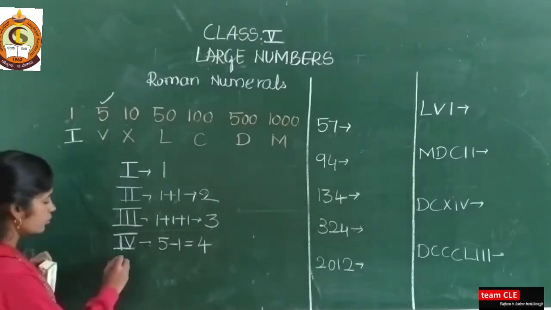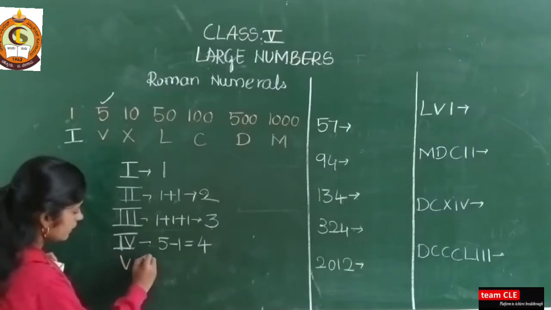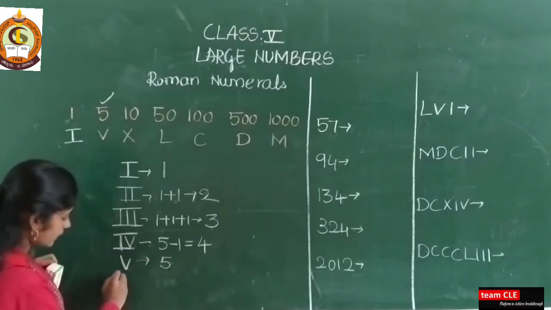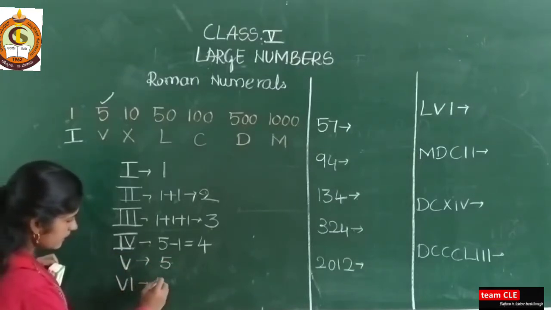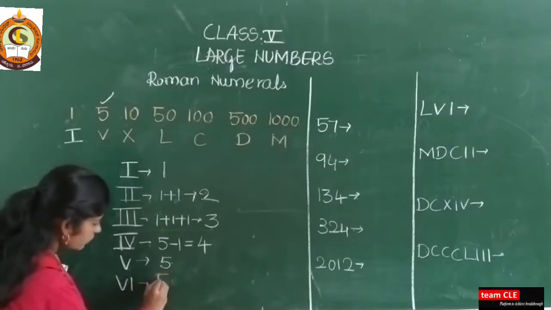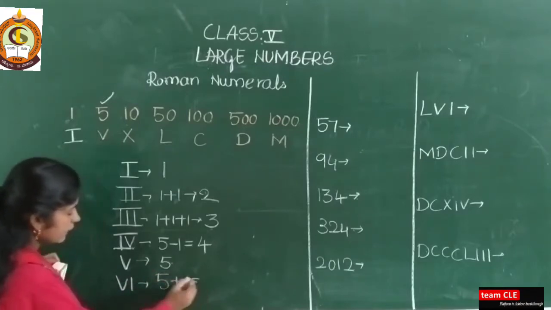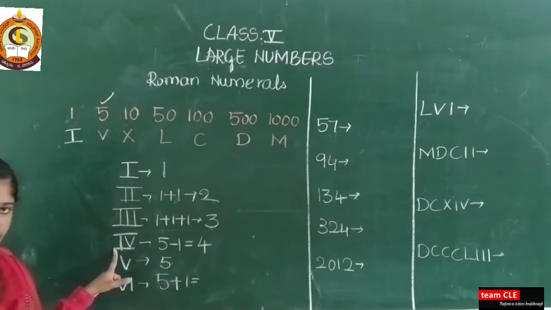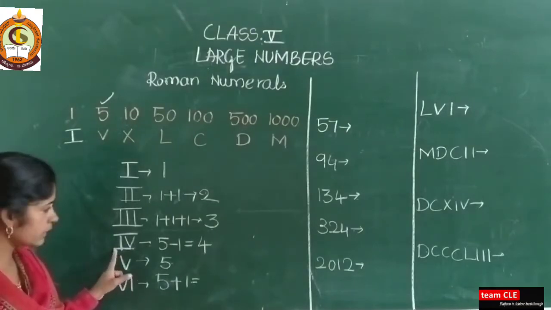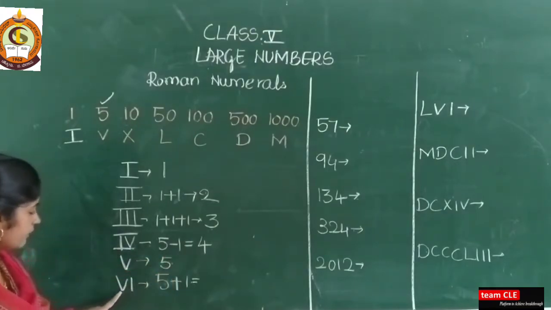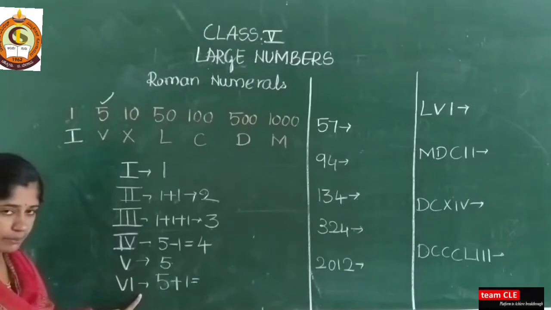So you know how to write V. V means 5. Again V, I means 5 plus 1. If it is written before, that is the rule of subtraction. If it is written after the bigger number, then that is the rule of addition.